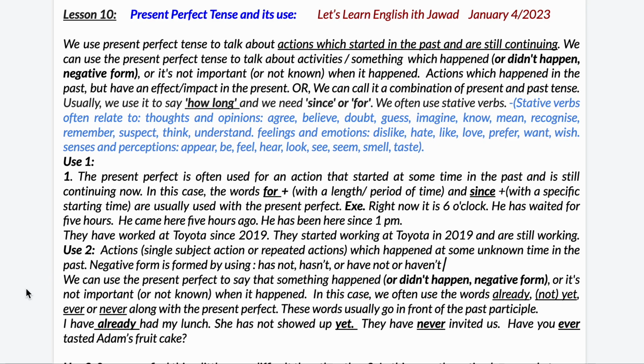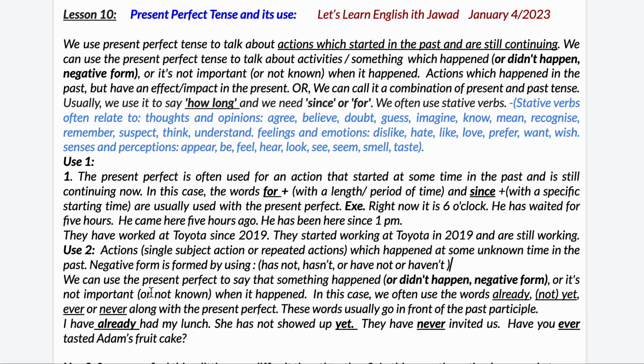Okay, so this is how we structure our negative statement. The negative form is formed this way. We know that when we use has, and when we use have, we know it here.